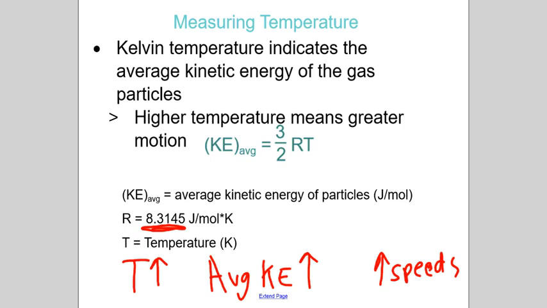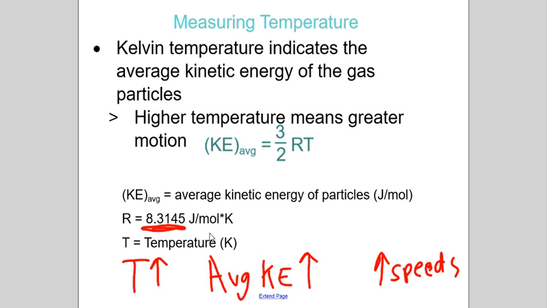All right, so measuring temperature. Kelvin temperature indicates the average kinetic energy, that's one of those assumptions. So higher temperature means greater motion. That would mean kinetic energy here is equal to 3 over 2 times R times T. R is one of those gas constants.